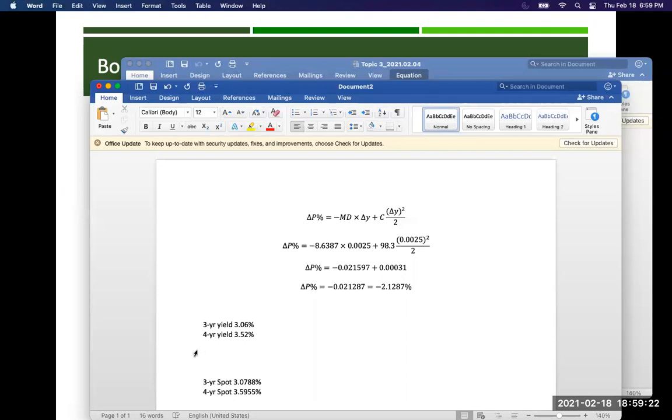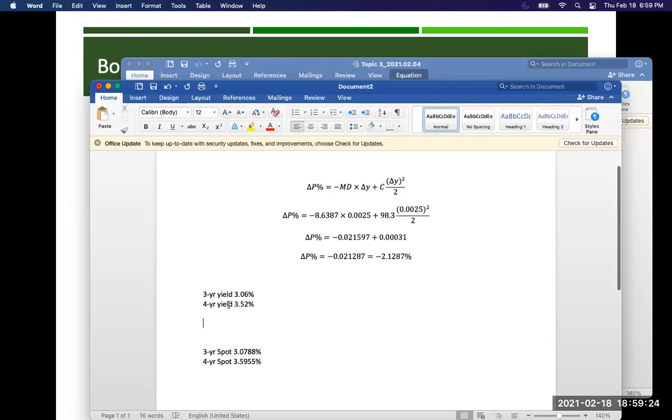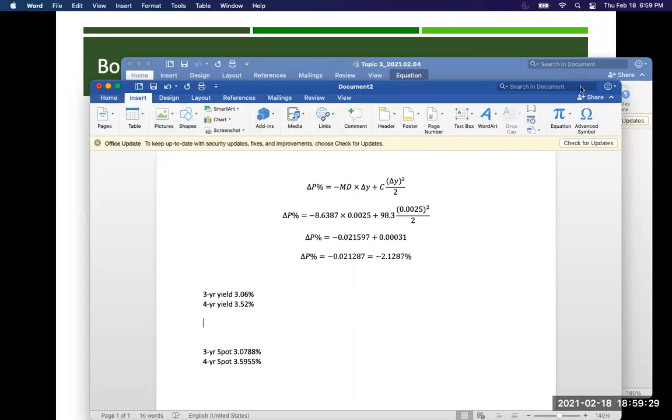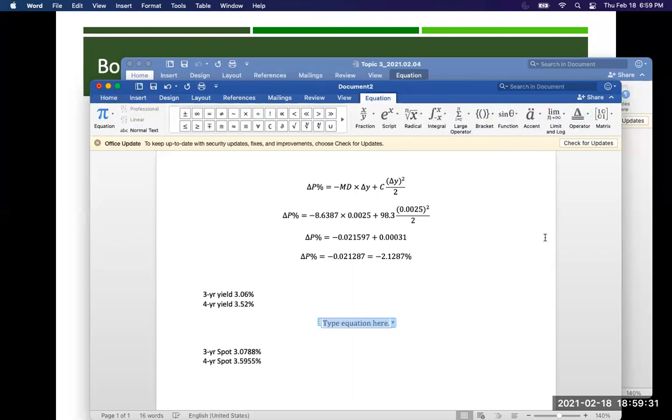If we were to use the plain yields and say, you know what, I'm just going to use those to get my forward rate using those.